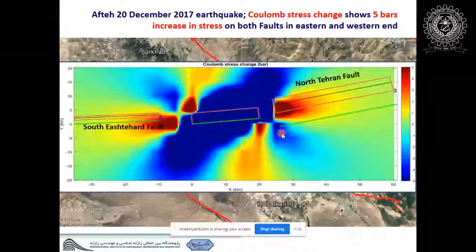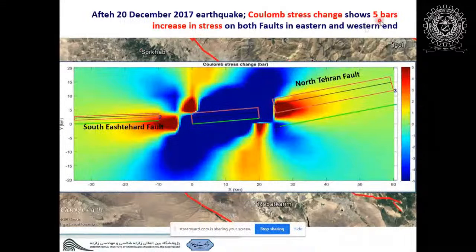There has been 5 bars of increase in stress calculated in both the eastern and western faults of that event. Don't forget that the eastern fault segment is the North Tehran fault, which passes through the northern parts of Tehran, and it is very important.